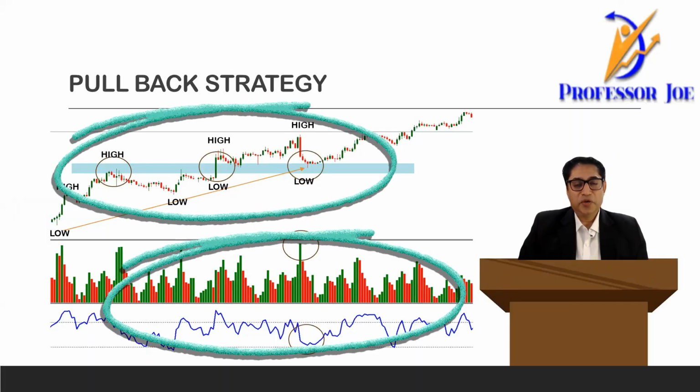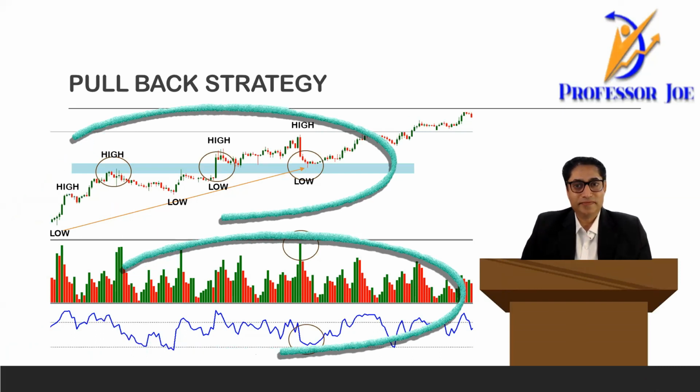In this video, we are going to understand how simple it is to find a pullback and trade a pullback in the markets. So let us see what are the important things you should consider while going for a buy trade in a pullback strategy. Like you can see on the screen, this is how a pullback setup looks like.